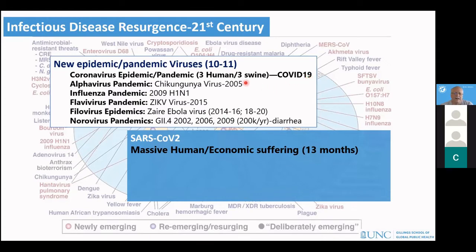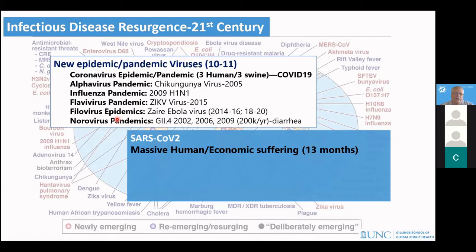But we've also had pandemics of alphaviruses, influenza viruses, and flaviviruses, somewhere between 2 and 4 epidemics or outbreaks of Ebola virus. And hardly anyone ever talks about the norovirus pandemic waves that have occurred, at least in 2002, 2006, 2009, and then a fairly large wave as well in 2012.